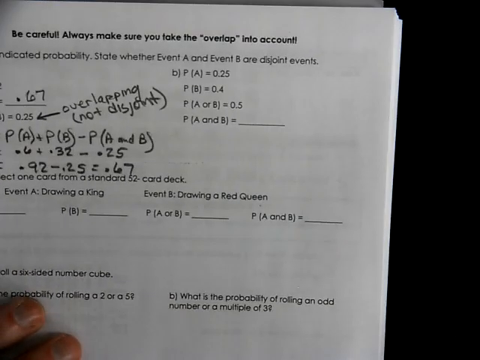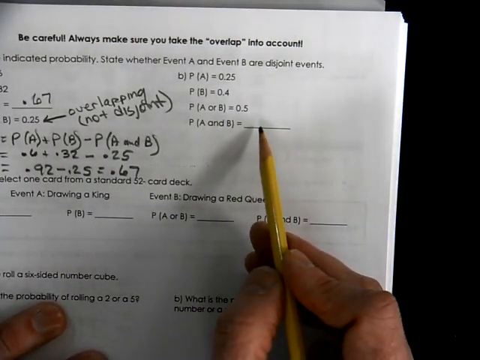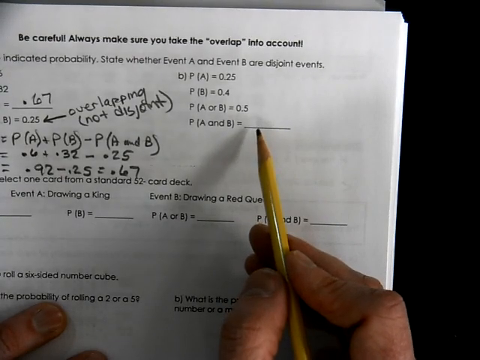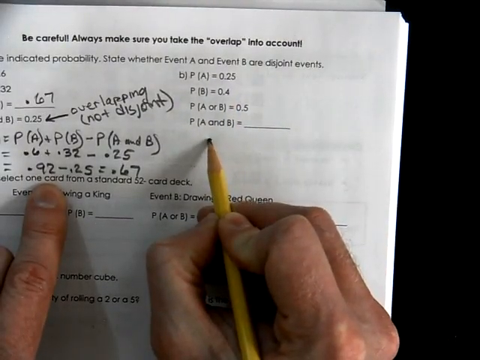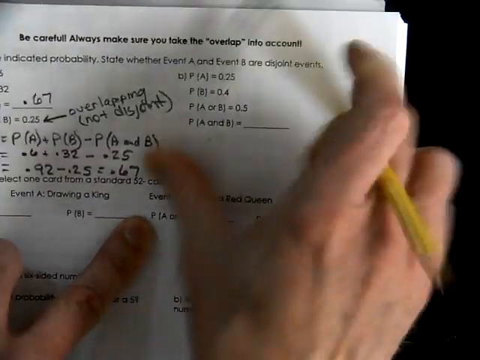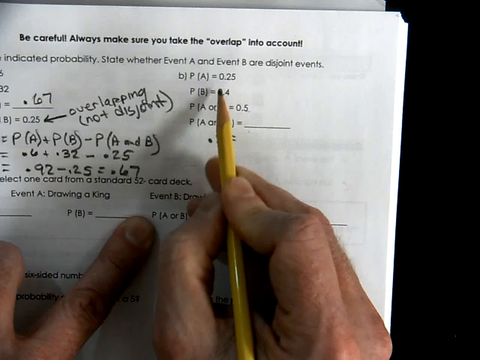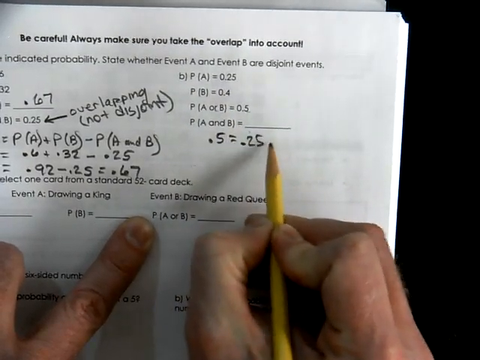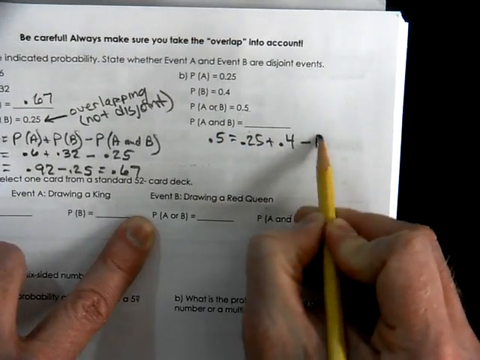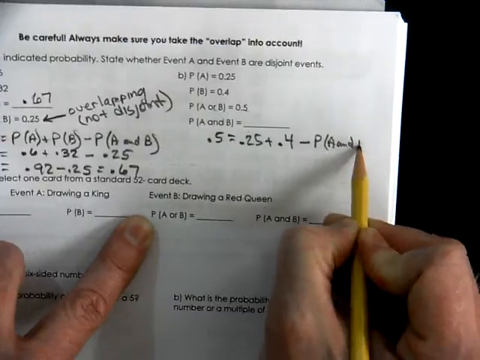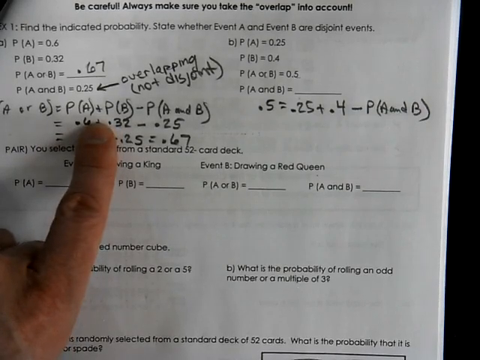So we can come on over here and just do it again. In this case, we don't know if there's overlap. It's still the same formula. We won't change the formula on you. We'll take the probability of A or B to equal the probability of A plus the probability of B minus the probability of A and B. So we're using the same formula we did here.